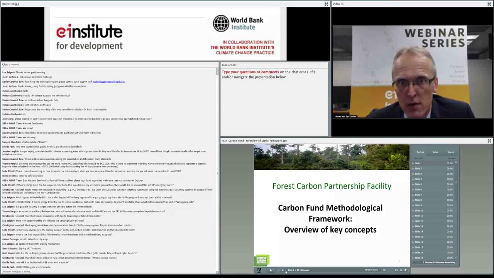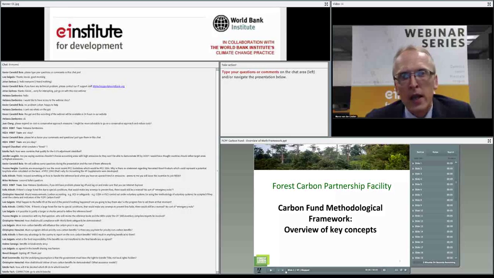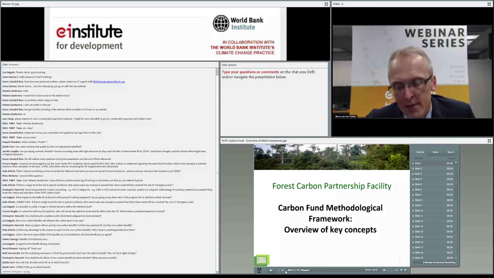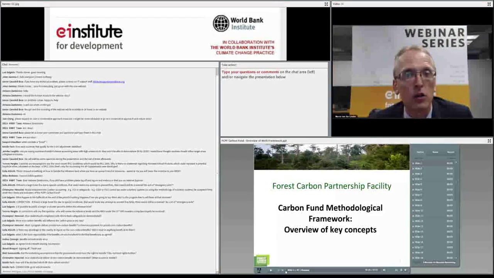As I said before, there's only going to be room for a limited number of countries in the Carbon Fund, and what the selection criteria say is, these non-carbon benefits, especially these priority non-carbon benefits, are very much a part of the selection criteria. In terms of the pricing, there will not be a price premium per se, but it might be an argument that a REDD country might use in the negotiations.